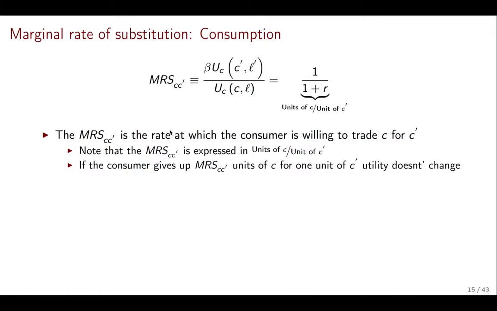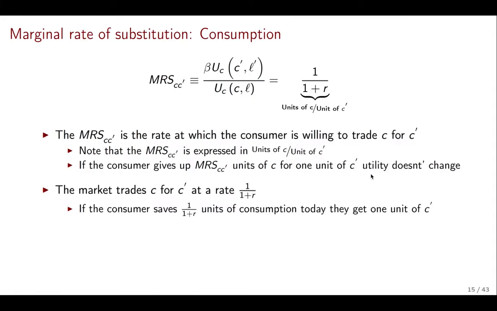That makes it comparable to the units of the interest rate, which is in present income with respect to future income. But income and consumption are in the same units, so 1 over 1 plus r is expressed in units of present consumption per unit of future consumption. Now, if the consumer gives up exactly the marginal rate of substitution in units of present consumption for units of future consumption, we know utility doesn't change.